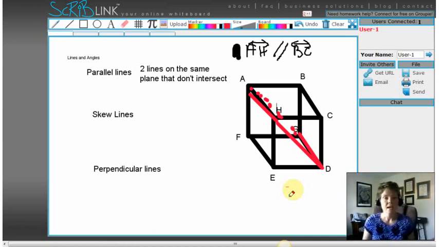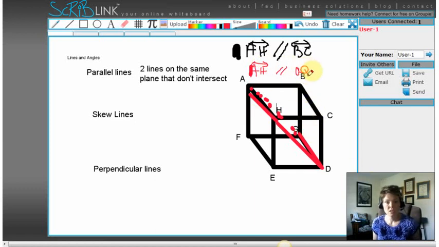Hopefully you could see that. Okay, now are there parallel lines on that plane? There sure are. Let's just go with AH. AH is parallel to what on that red plane? GD. Now that's confusing to a lot of people, so let that sink in.